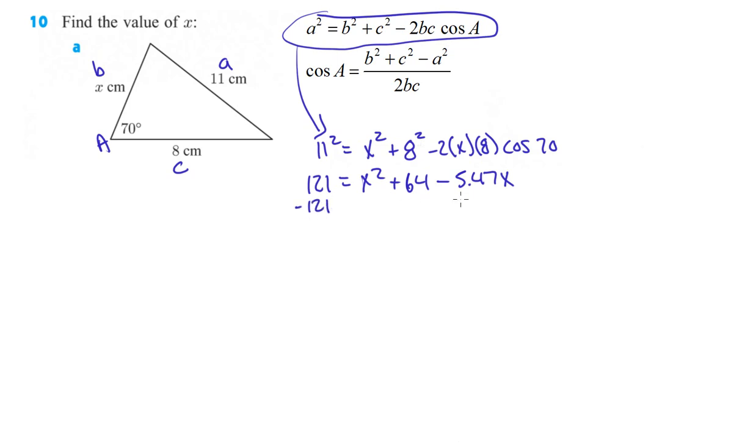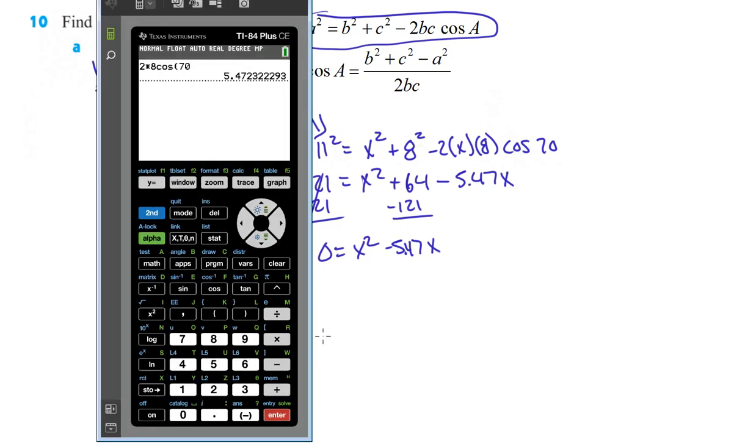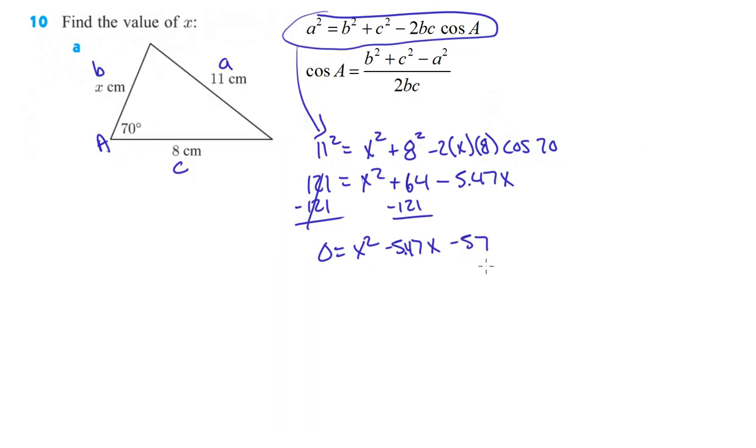Let's subtract 121 from both sides. And we get 0 equals x squared, I'm going to move the x next, minus 5.47x. And then 64 minus 121 gives us negative 57.